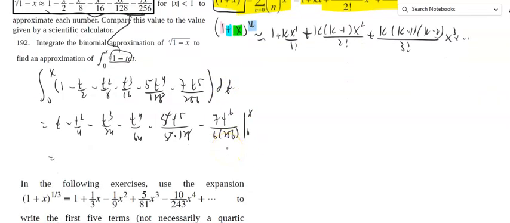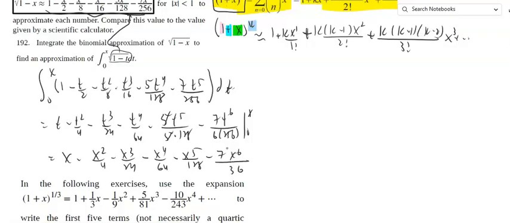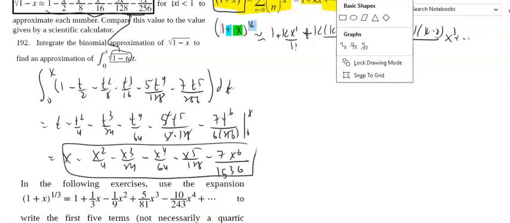And that would simply be x minus x squared over 4 minus x cubed over 24 minus x to the 4th over 64 minus x to the 5th over 128 minus 7x to the 6th over 1536. There it is, done deal. No problem there.